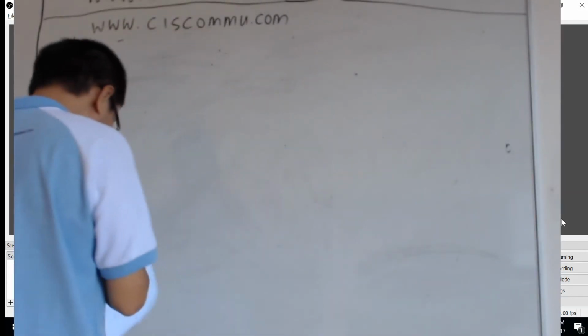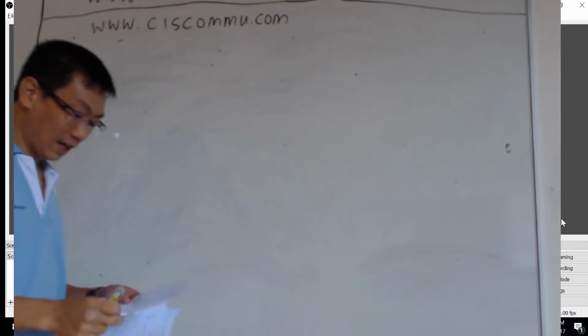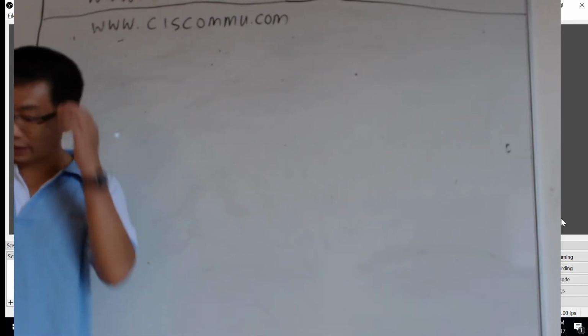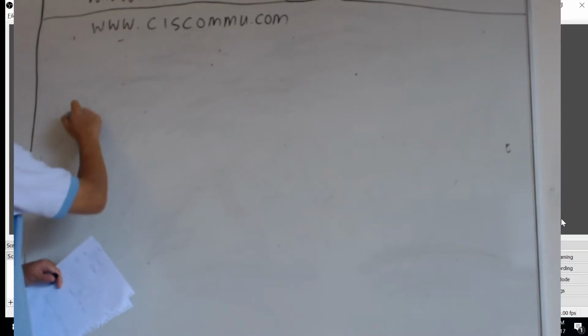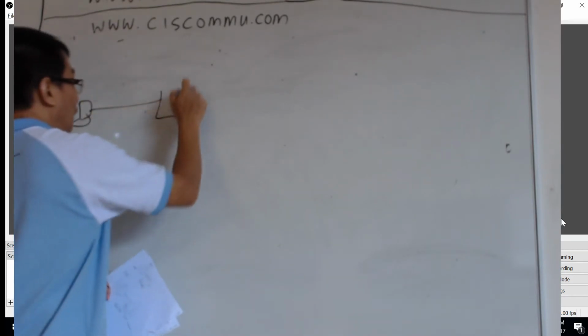Alright. Then the next thing is, how does it make a virtual circuit? So let's do a simple example. You have a switch here.